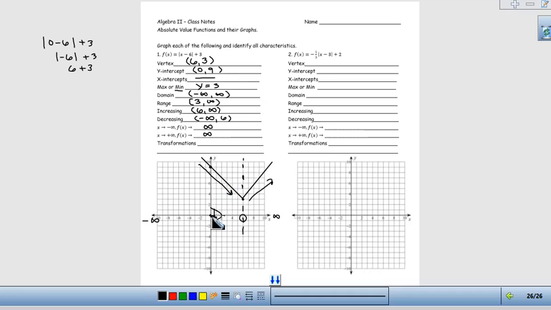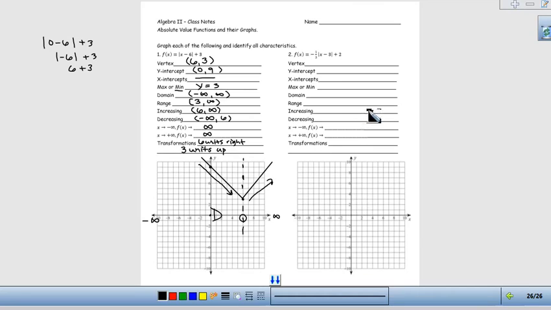Starting at the origin, I had to go 6 units right and 3 units up. Since there isn't an A term, there was no vertical compression or vertical stretch. And since it's positive, we did not reflect over the x-axis.